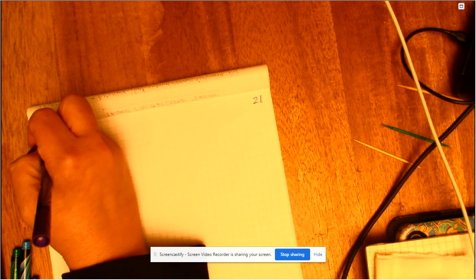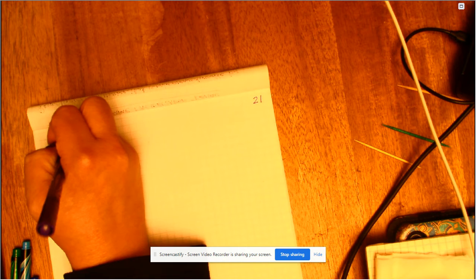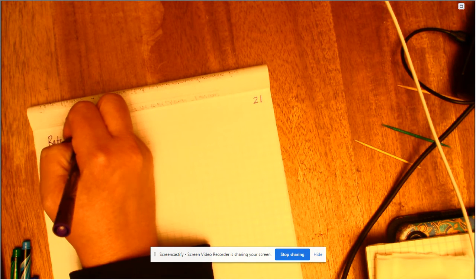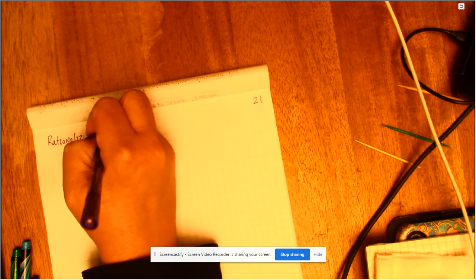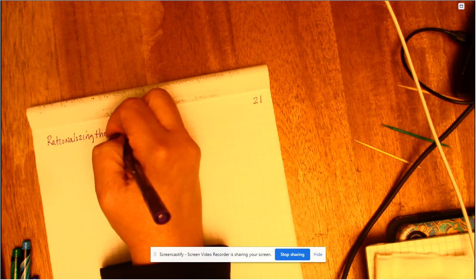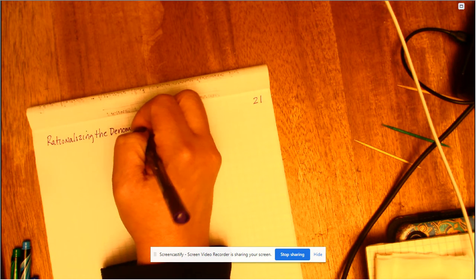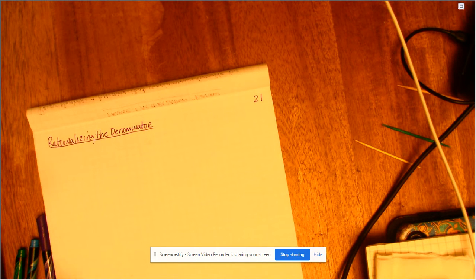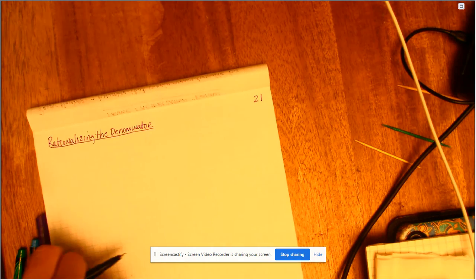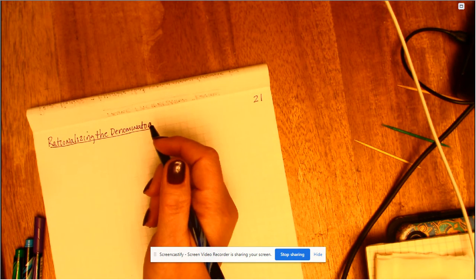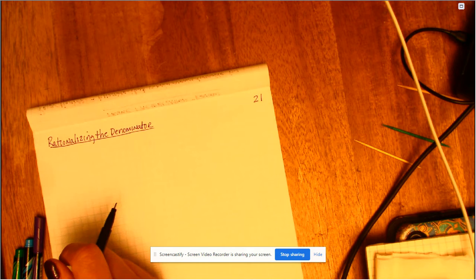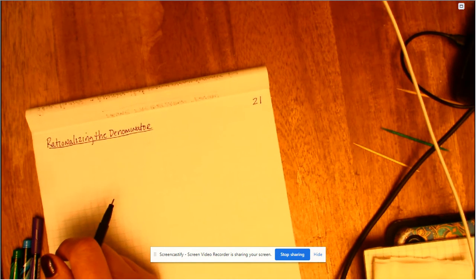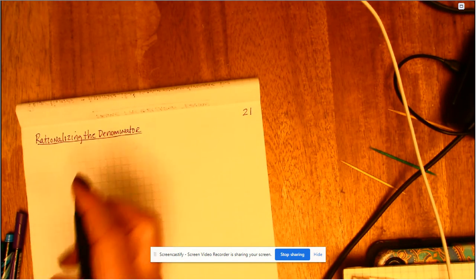What does it mean when we talk about rationalizing the denominator? So in math, just like we're not allowed to have negative exponents in our answer, we're not going to be allowed to have radicals in a denominator in our final answer.